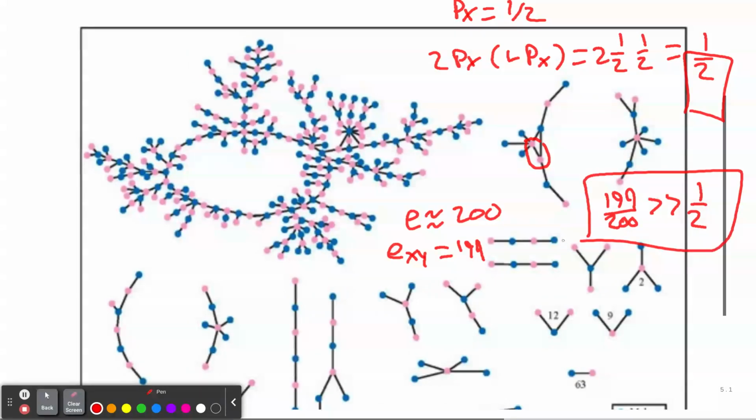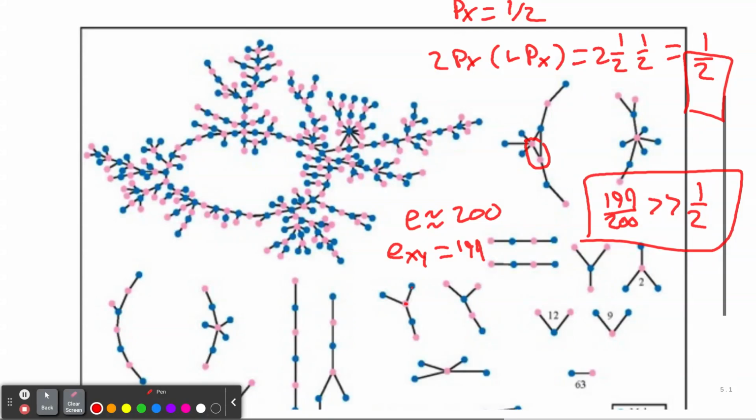In this case, we're at the top row of that table from before, where we would say that this particular network exhibits strong inverse homophily. And the idea there is that when you're looking at the characteristic of gender, it is much more likely that an edge would form between nodes with different genders than between nodes of the same gender.